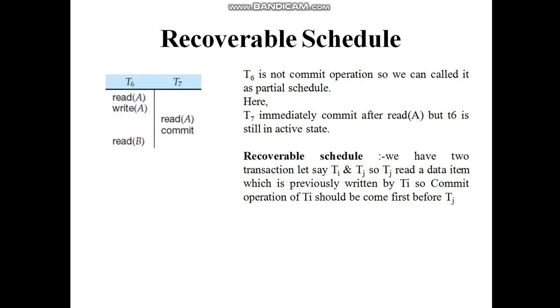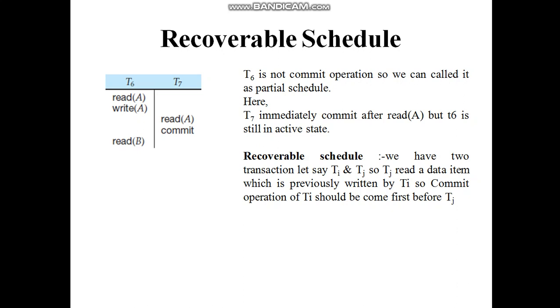So this is a recoverable schedule. Here you can see in the T6 transaction there is no commit operation, so we call it a partial schedule. Here T7 commits immediately after read A, but the T6 transaction is still in an active state.